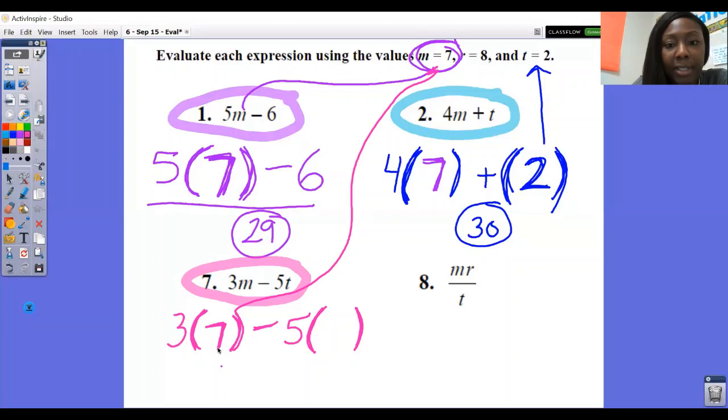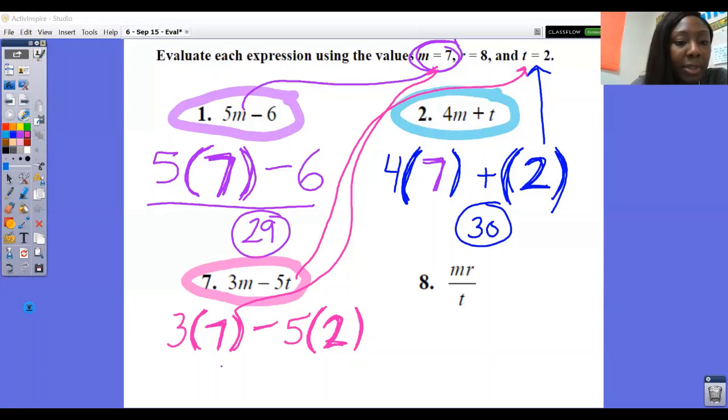And then the t, if we look back up at the top to see what t equals, what I'm going to substitute for t is actually a 2. So I'm plugging in a 2 next to the 5 and a 7 next to the 3. And then once again, I'm using my calculator to calculate what that will equal. I'm sure some of you can just use your brain. 3 times 7, subtract 5 times 2.